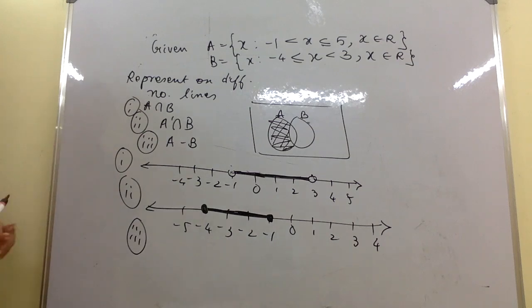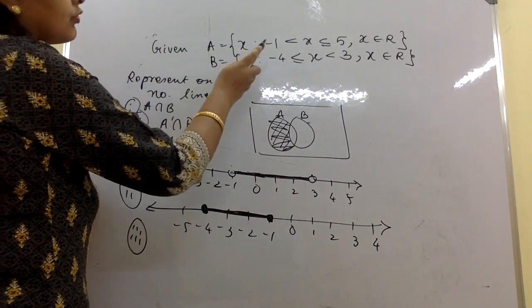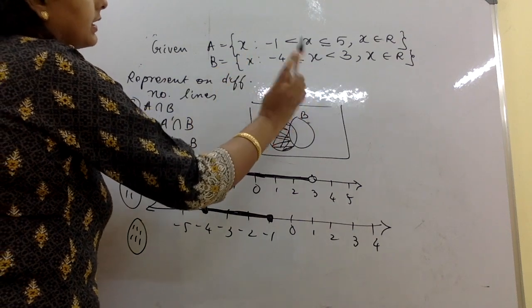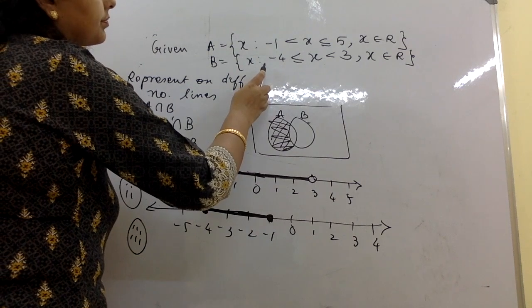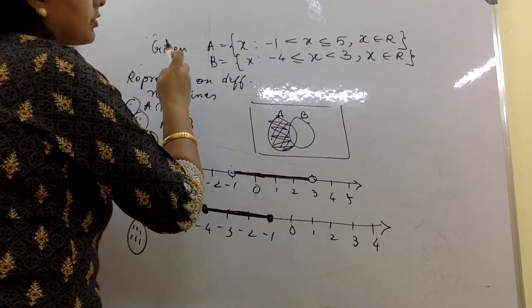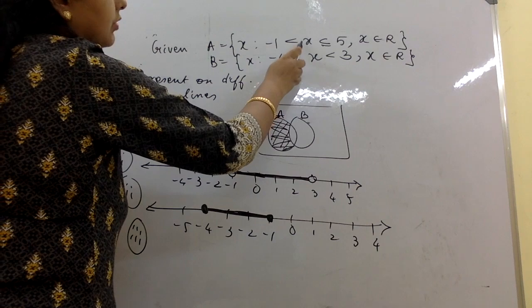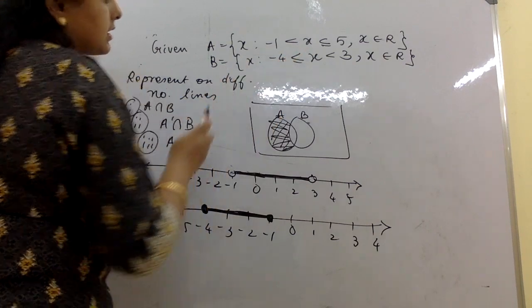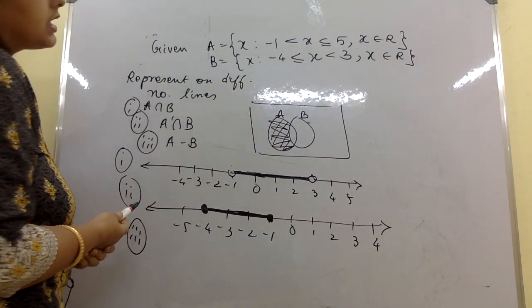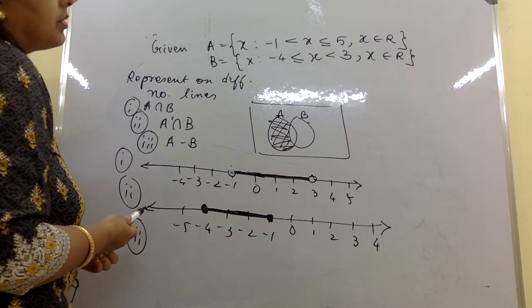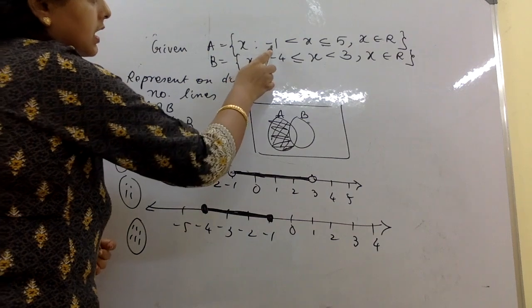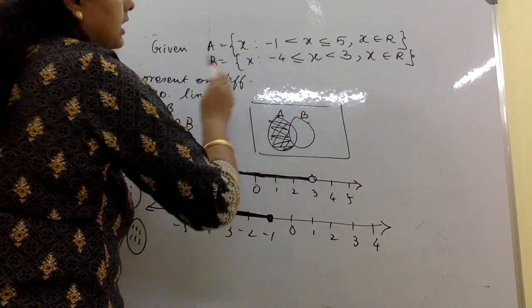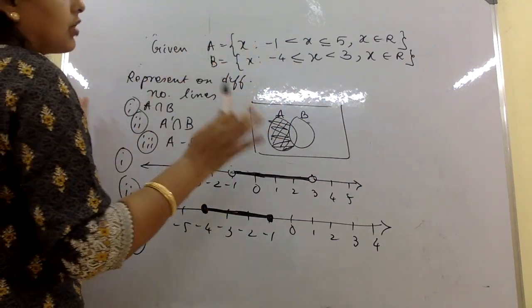So if I want to draw A minus B now, then from A, if I want to throw out elements of B, then I'll have to throw out from A. First I'll look at A, and from A, starting from -1 to 3, I'll have to throw out, because that is the common portion.